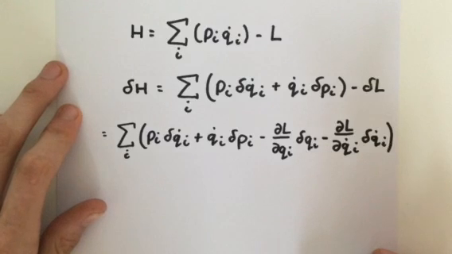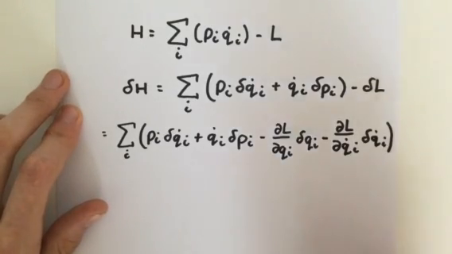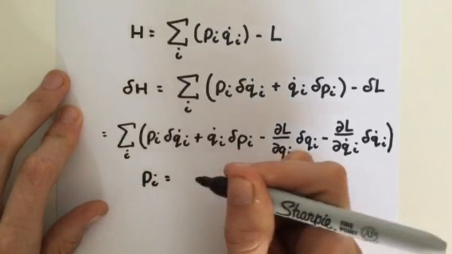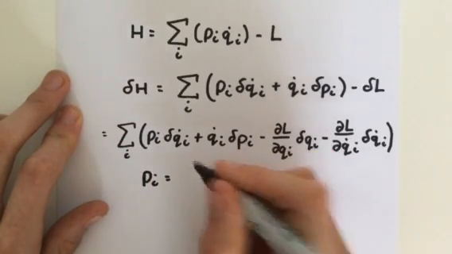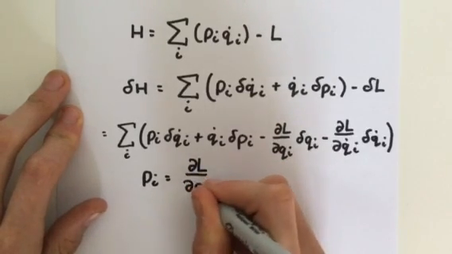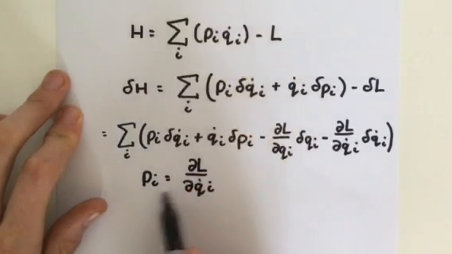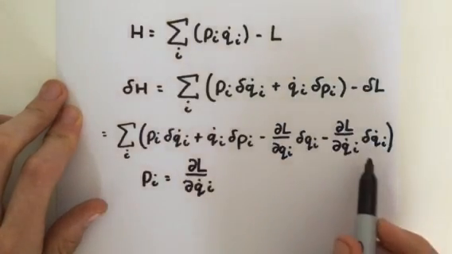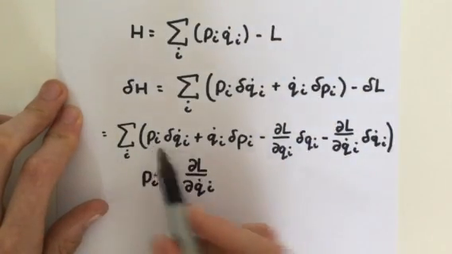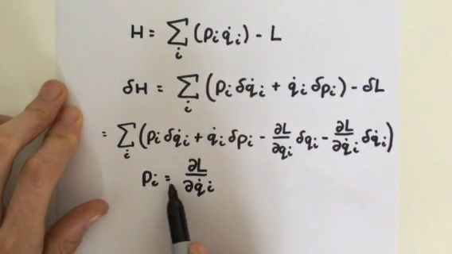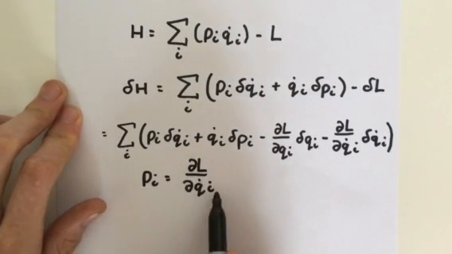Now if we use the definition of momentum, namely that p_i, just using our Euler-Lagrange equation, is dL by dq dot i, the first and last terms cancel, because p_i and minus dL by dq dot i cancel, since p_i is equal to dL by dq dot i.